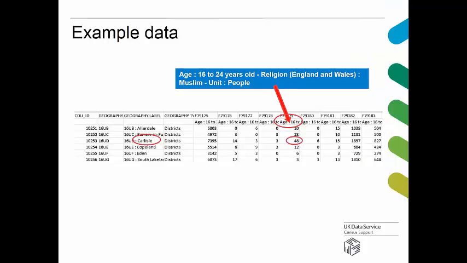And once you download the data on one of our interfaces, here's an example showing religion. So you can see here that there's 48 people aged 16 to 24 following the Muslim religion who live in Carlisle. And that's simply what aggregate data looks like.